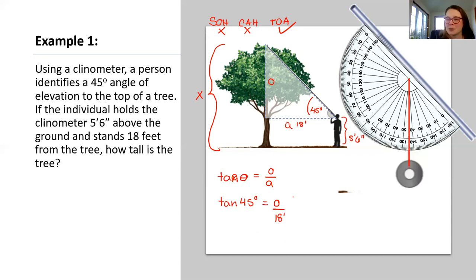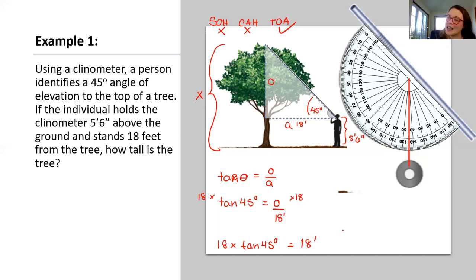Rearrange it. Multiply by 18, multiply by 18. 18 times the tan of 45 gives us, putting those numbers into your calculator, you should get 18 feet.